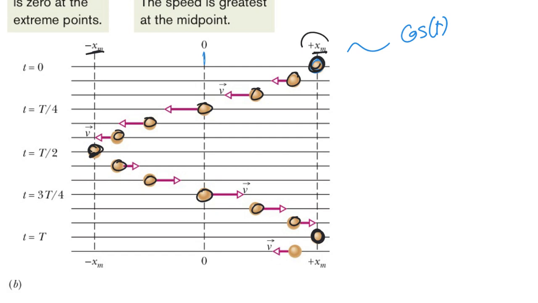So it starts from xm, reaches 0, then goes to the left and reaches minus xm, and then returns to the starting point, which is positive xm.